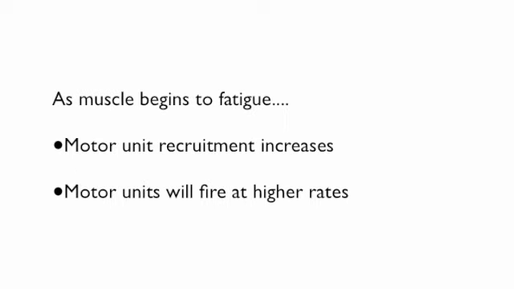But in general, we find that as muscles begin to fatigue, as we continue with muscle contractions, the muscle will attempt to maintain the amount of force produced by recruiting larger motor units as well as increasing the rate coding, or the frequency that the motor units are firing.